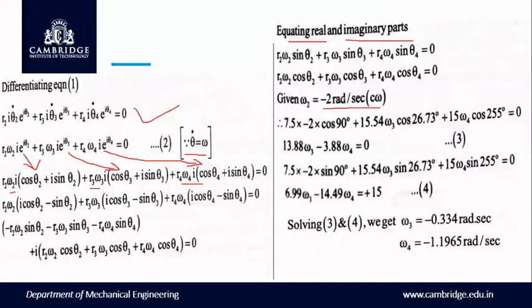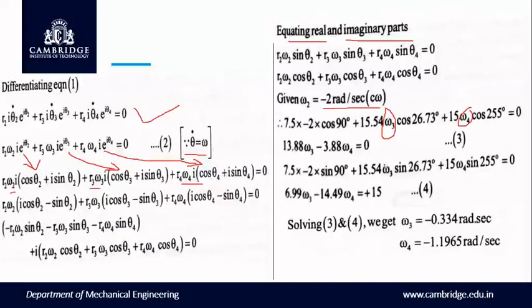Omega 2 is given as 2 radians per second clockwise. We take clockwise as a negative term and anti-clockwise as a positive term. So minus 2 we need to substitute as the omega 2 value. Then the corresponding angles, theta 2, theta 3, theta 4, we already calculated using configuration analysis, so they are known as of now. Hence from the above equations, all are known except omega 3 and omega 4.